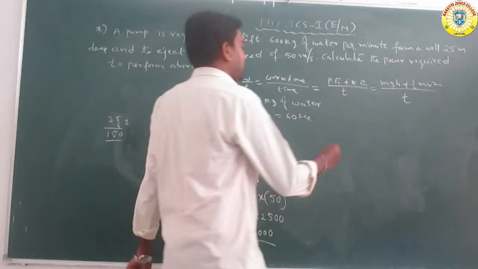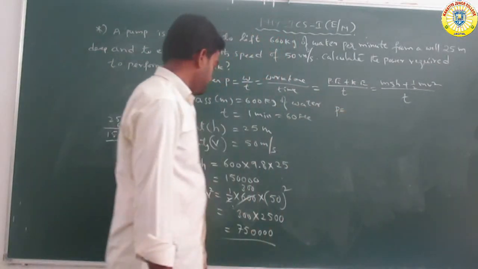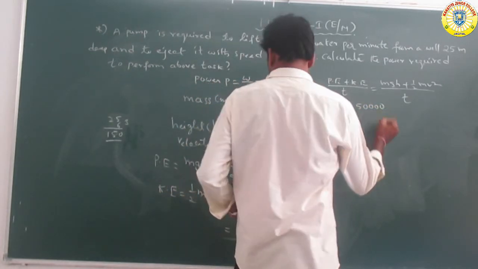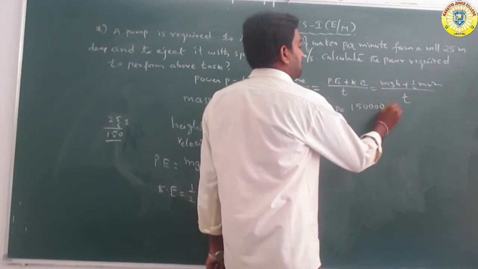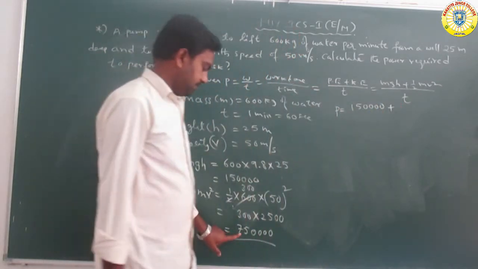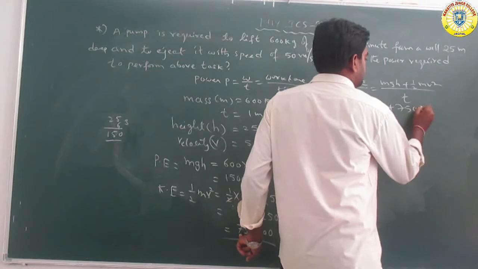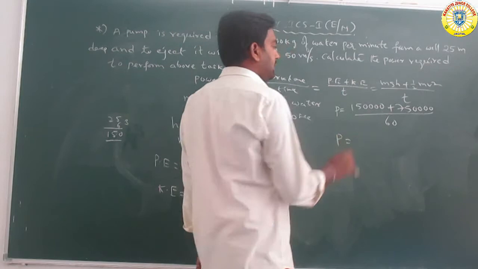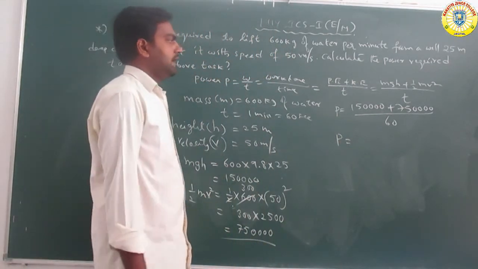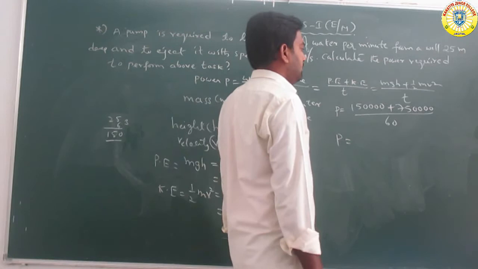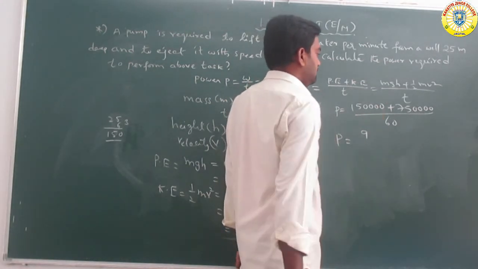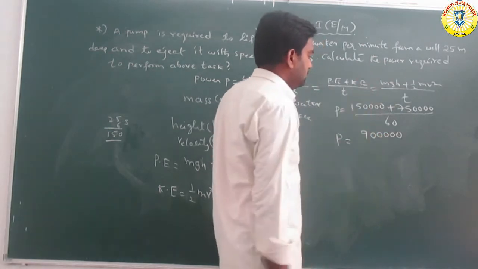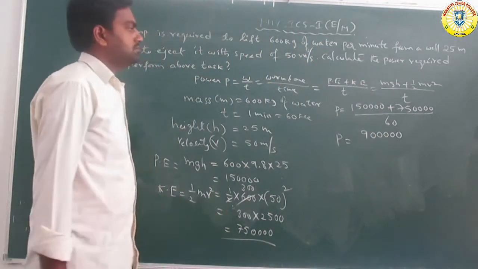Now substituting in the equation, power P is equal to mgh plus half m v square, that is 1,50,000 plus 7,50,000, by time 60. So that is 9 lakhs by 60.